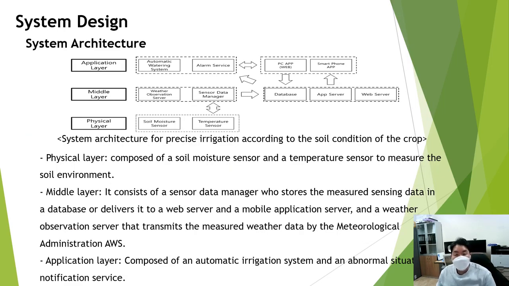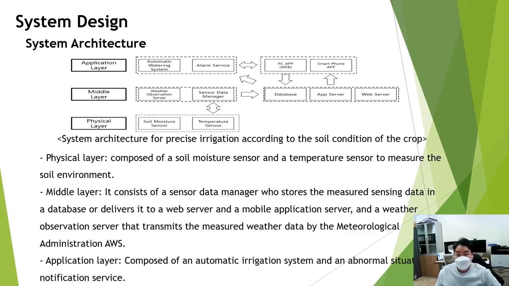Chapter 2. System design. The structure of the study presented in this paper is as follows. First, 3 layers are presented, and the lower physical layer consists of soil moisture and temperature sensors to measure the soil environment, while the middle layer consists of sensor data managers that store measured sensing data in the database or deliver it to web servers and mobile application servers.